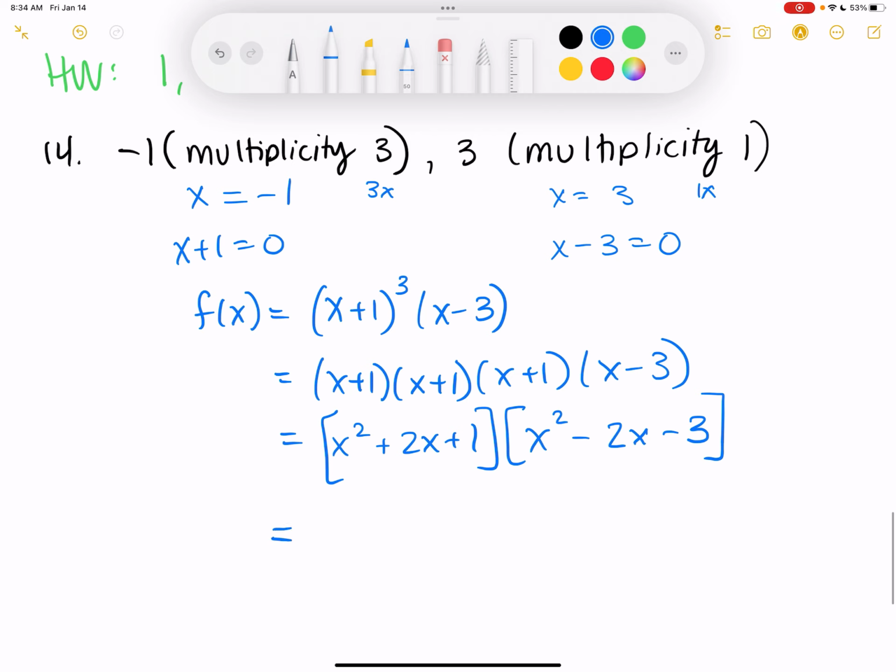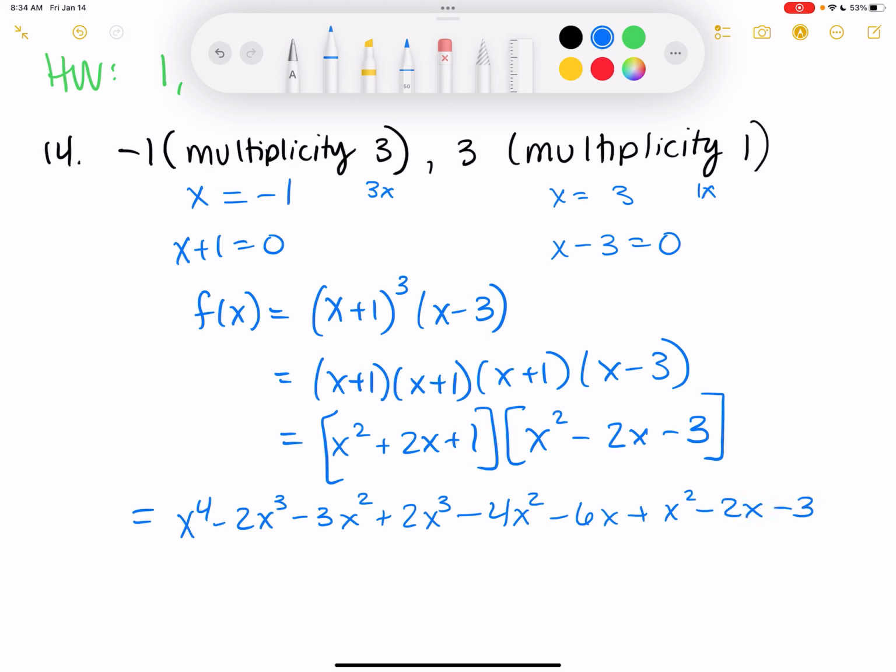I'm going to slide over because that way I have more room. All right, so what does that multiply to? x to the 4th minus 2x cubed minus 3x squared plus 2x cubed minus 4x squared minus 6x plus x squared minus 2x minus 3.